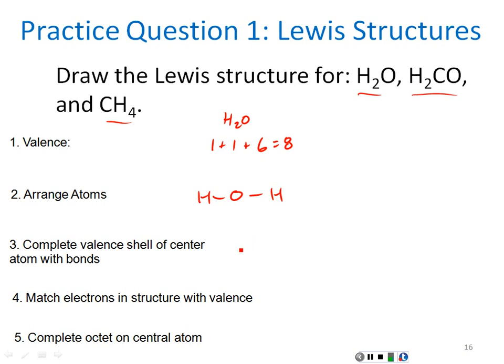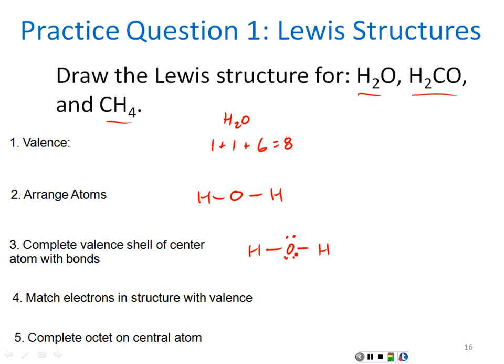The octet, or duet rather, on the outside hydrogens is complete, so they're happy. Now we just have to satisfy the octet on the oxygen. We have 4 left, so we put the 4 around the oxygen. And that is all we have to do with water.